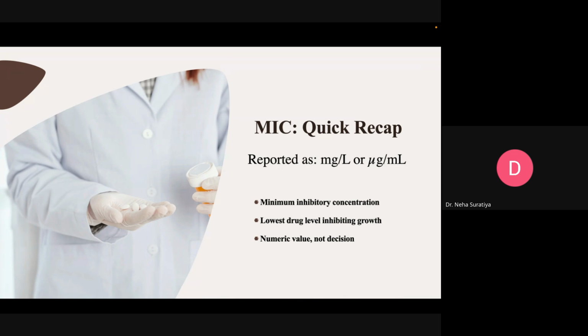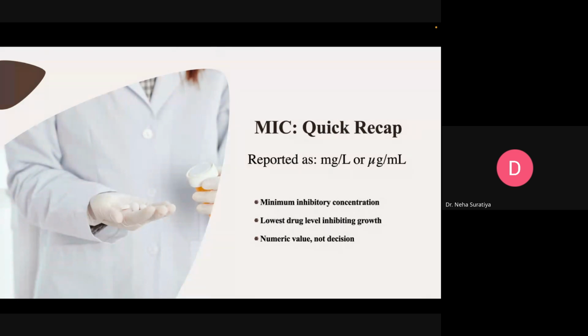Many students see MIC and assume a lower MIC always means a better drug, but that is not always true. It is a numeric value, not the decision. The units are written for your reference: mg per L and microgram per mL.